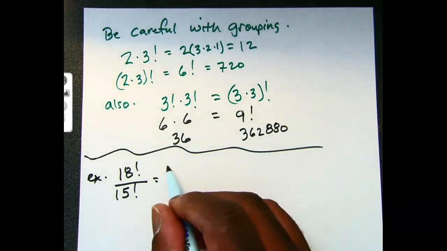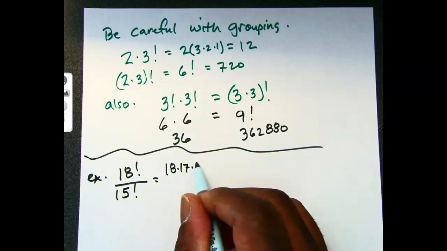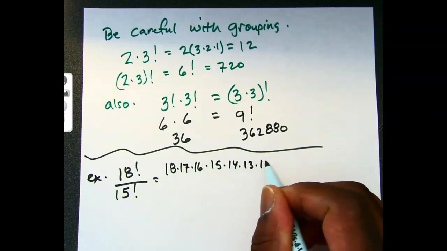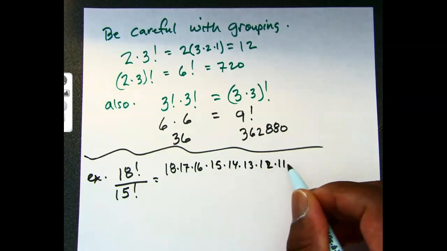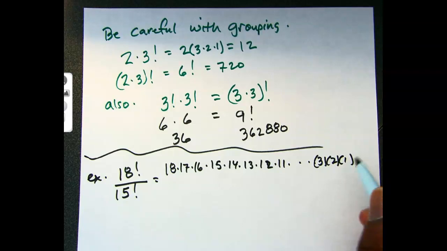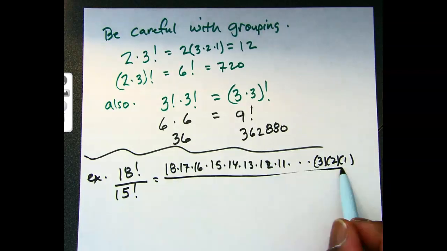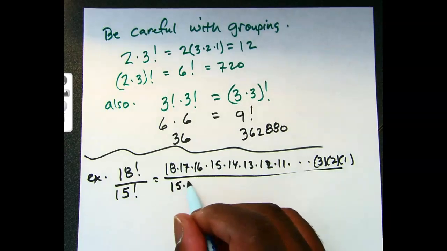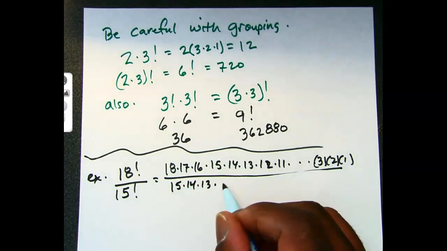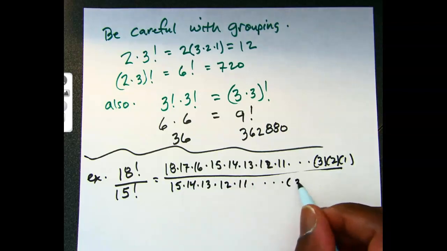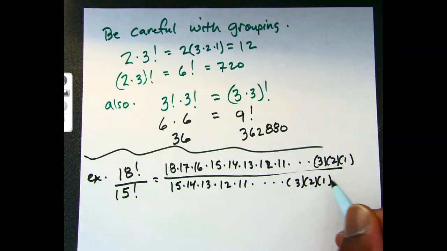Well, 18 factorial is 18 times 17 times 16 times 15 times 14 times 13 times 12 times 11, and then finally we're going to get 3 times 2 times 1, divided by 15 factorial, 15 times 14 times 13 times 12 times 11, and finally 3 times 2 times 1.